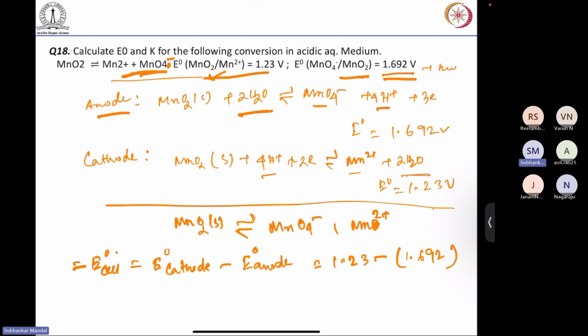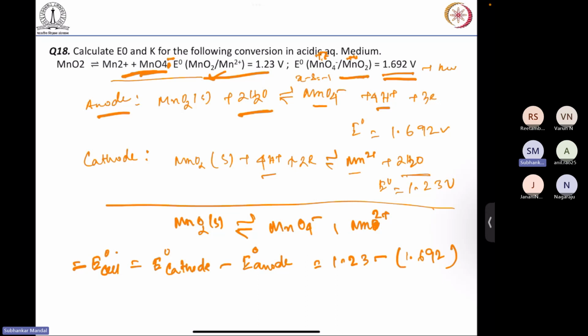But let me check. How much is this oxidation state? This is plus 7: x minus 8 equals minus 1. Here how much is it? Plus 4.